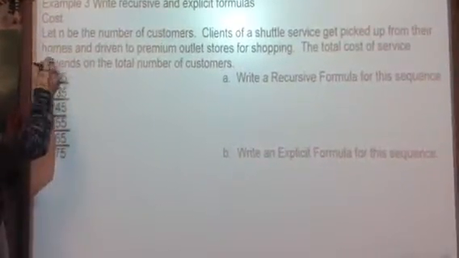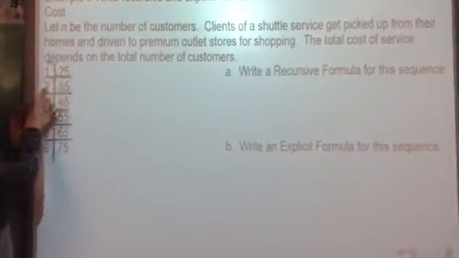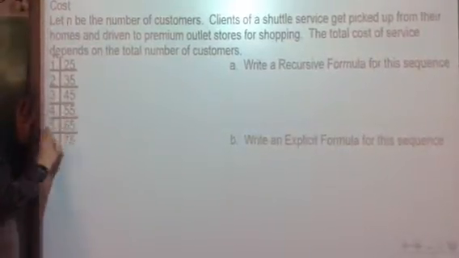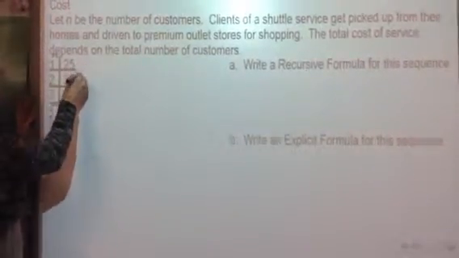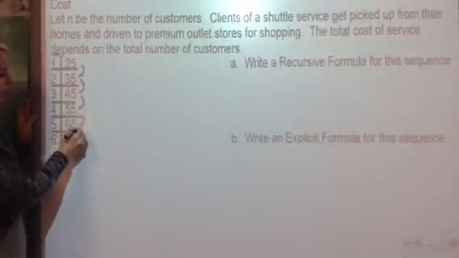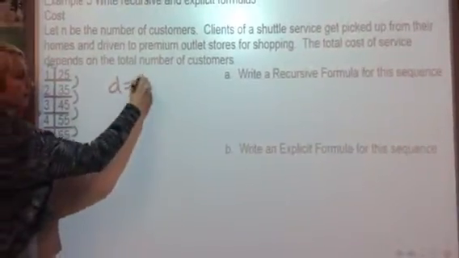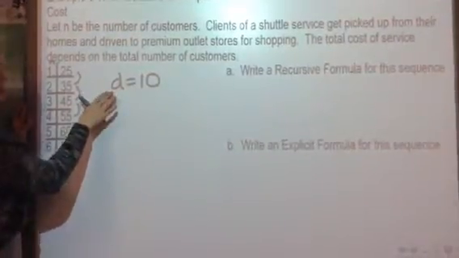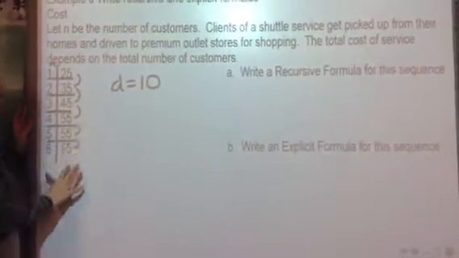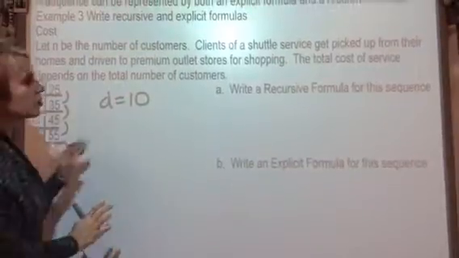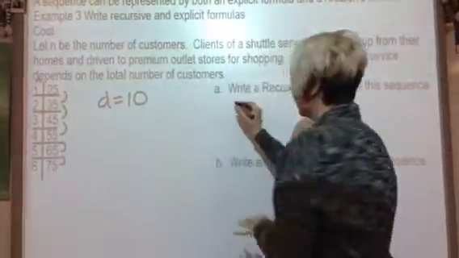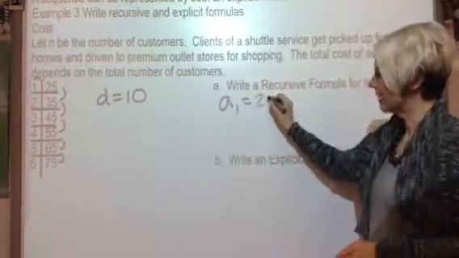So if n is the number of customers, one customer is 25, 2 is 35, 3 is 45, so on and so forth. You can see that what we're doing each time is we're adding 10. So I know that this is a common difference of 10, and this is going to be considered an arithmetic sequence. So to write a recursive formula for this sequence, I know a sub 1 is 25.